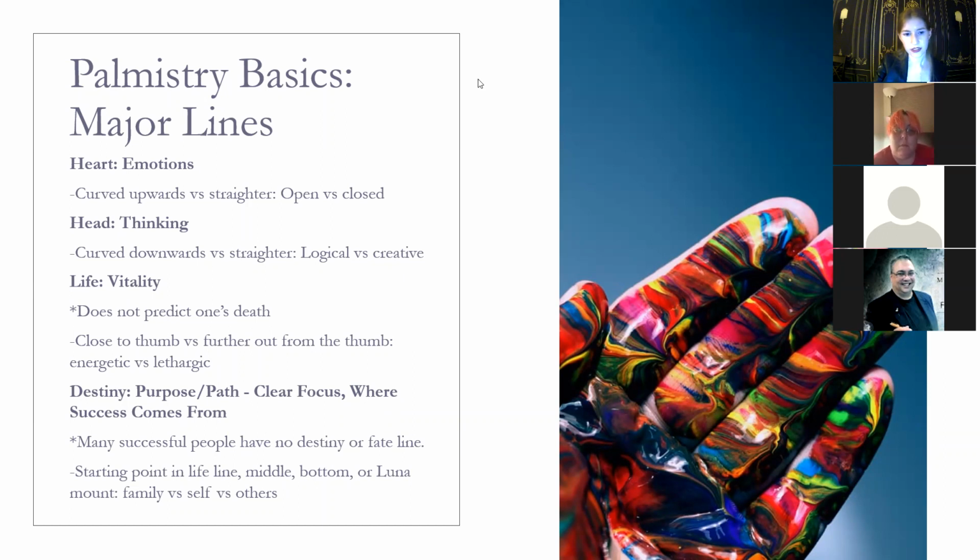So if the starting point of your destiny line is in the lifeline or even on the lifeline, you'll have success in a career from family help or maybe out of a family business. But unfortunately, this also sometimes is said to mean that you'll feel constricted and hemmed in by family, because your destiny and success is so tied up in that.